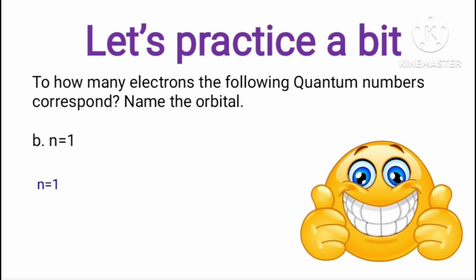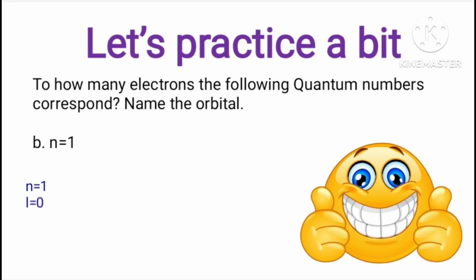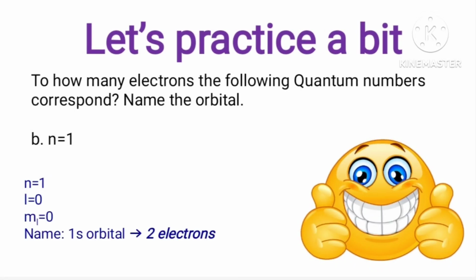n equals 1. If n is 1, let's find what the value of l can be. l can vary from 0 to, not 1, but n minus 1. Look, n is 1, so l will be n minus 1, or 0. If n is 1, l can be only 0 here. If l is 0, the magnetic quantum number can be only 0.